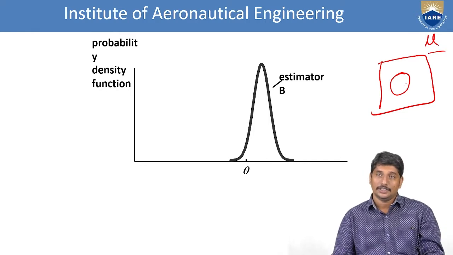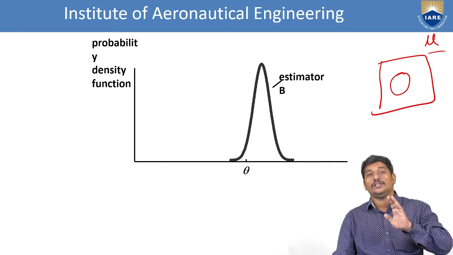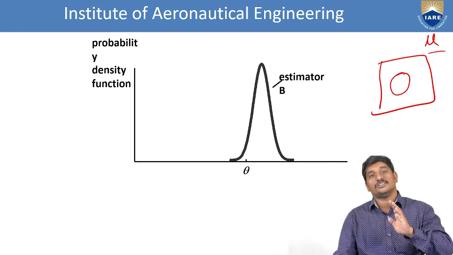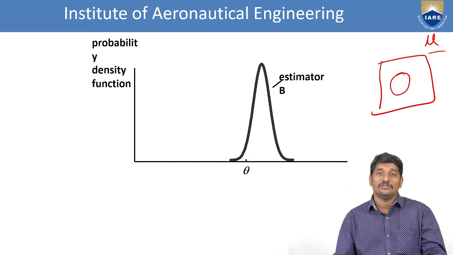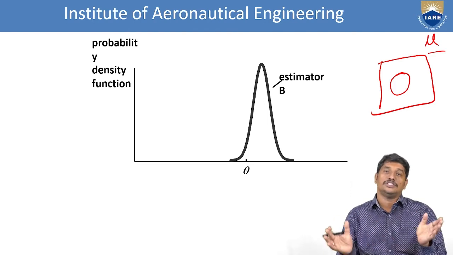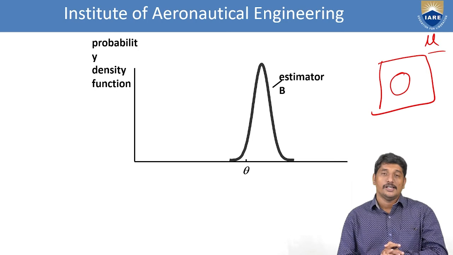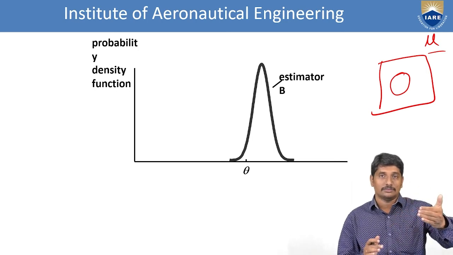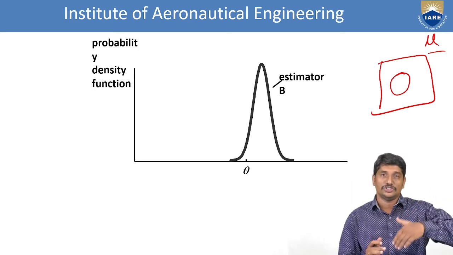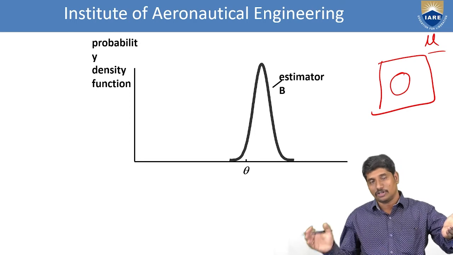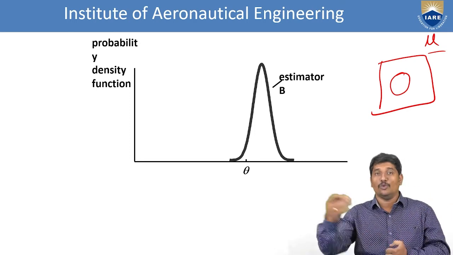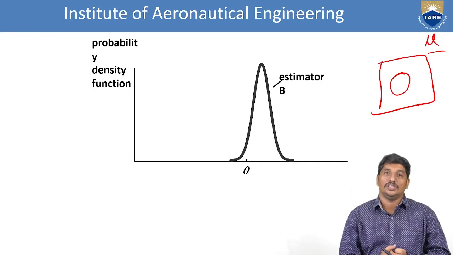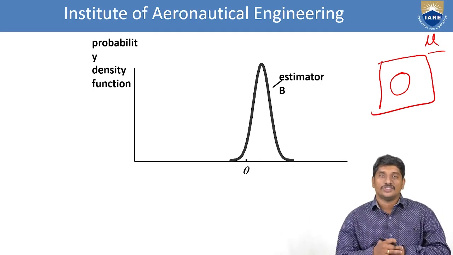An estimator possesses certain characteristics or properties, based on which we discriminate among estimators: which is relatively better, which is more efficient, which is more consistent, which is less consistent, which is not biased, which is biased.